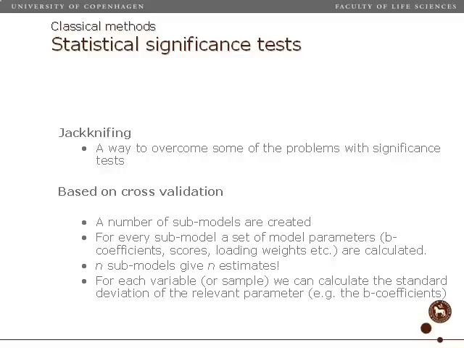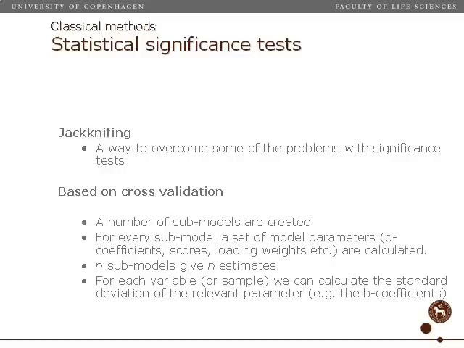So in the end, if we have 100 samples, we may have been computing 100 different models, but we only use the model calculated on the whole data set. We simply throw away all these different models that we have calculated, leaving out samples. But we could take a look at these models, for example the regression coefficients, and see how the regression coefficients vary when we leave out samples.